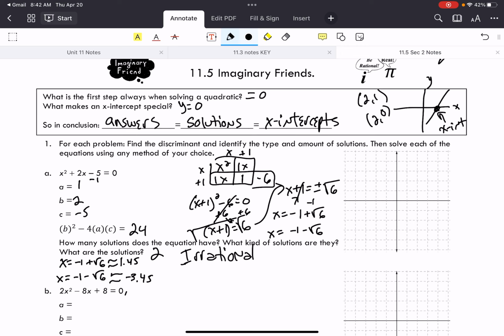We doing good? Now I want to plot those, because I know now that those are x-intercepts.